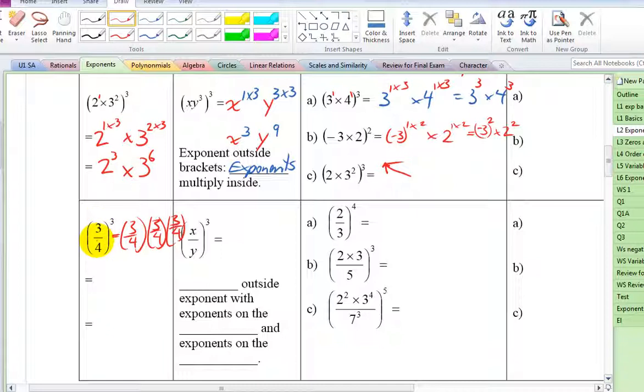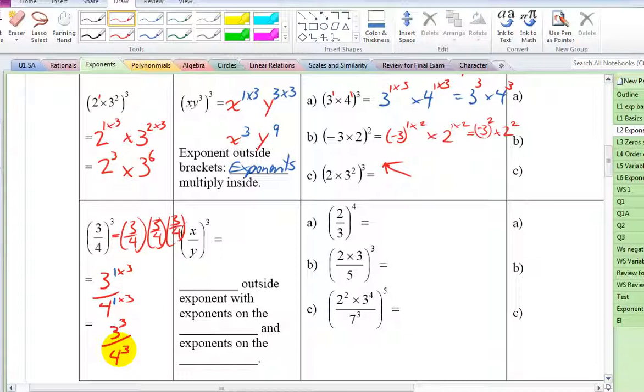No. Does it apply to the bottom? No. Well, just the bottom? No. The whole fraction? Yes. So really what we have is the hidden 1 exponent. It's there. We will times 3 times 3. So this equals 3 cubed over 4 cubed. Okay. The top and the bottom are both cubed.